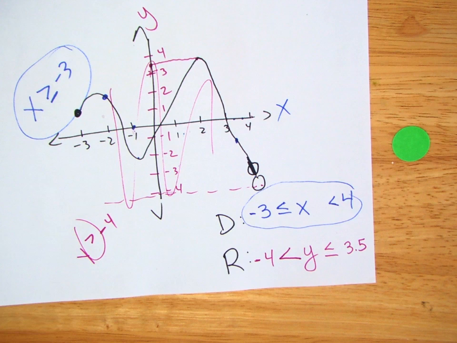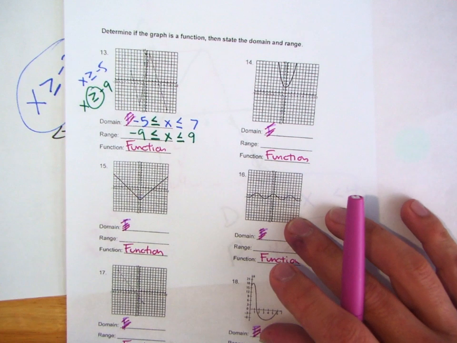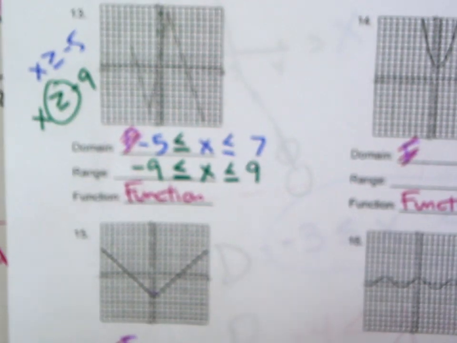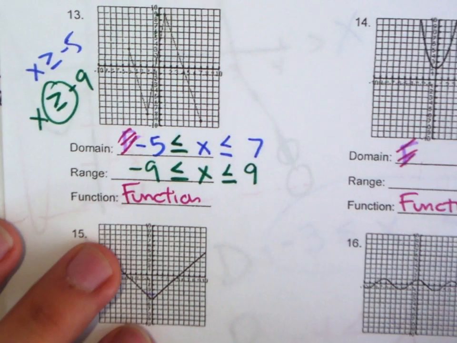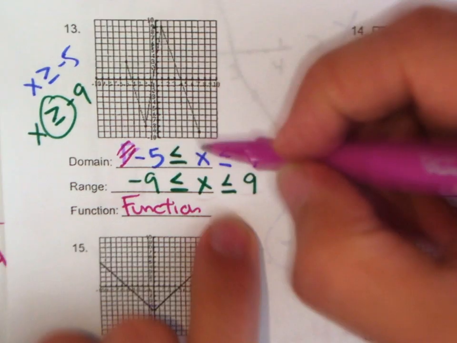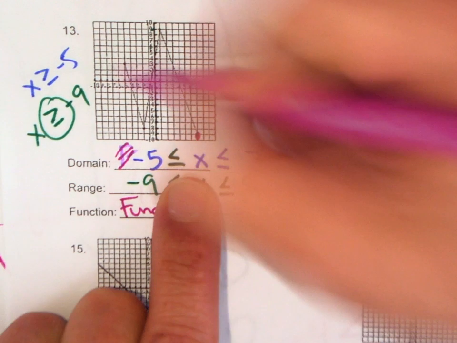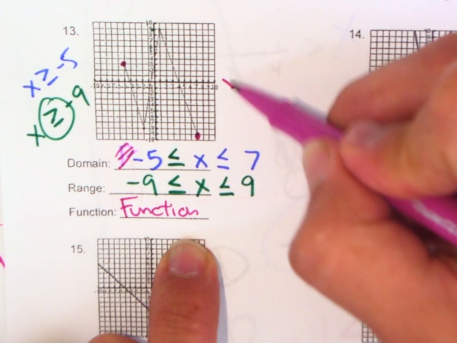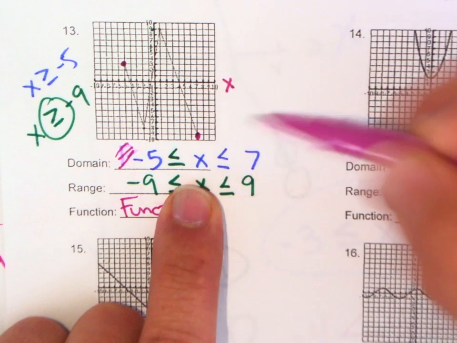Let's go ahead and do one for you. I kind of did this one already. So just be careful. Some have terminating points, some don't. In this one, it does, right here and right there. So basically, here's your x. What's the furthest?